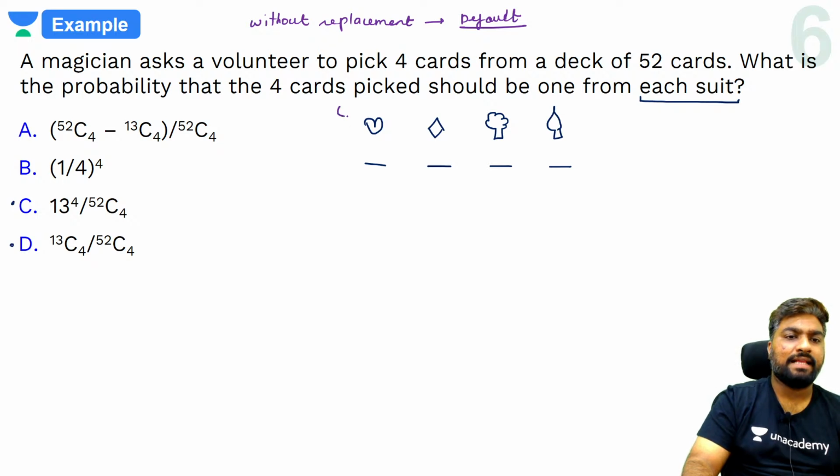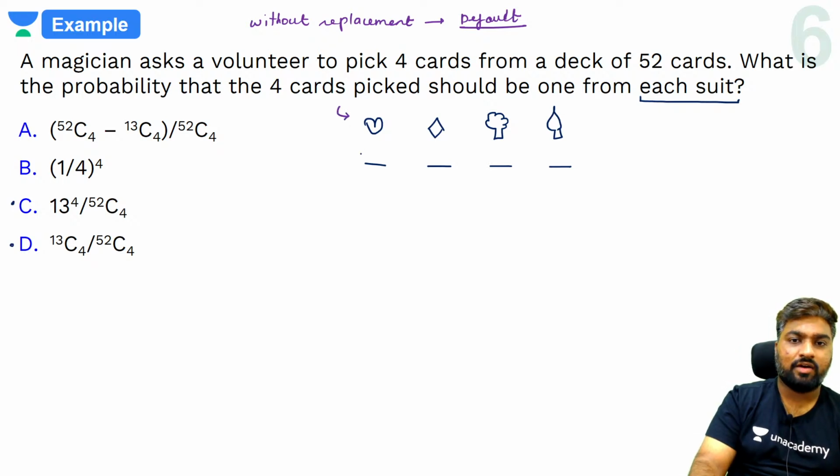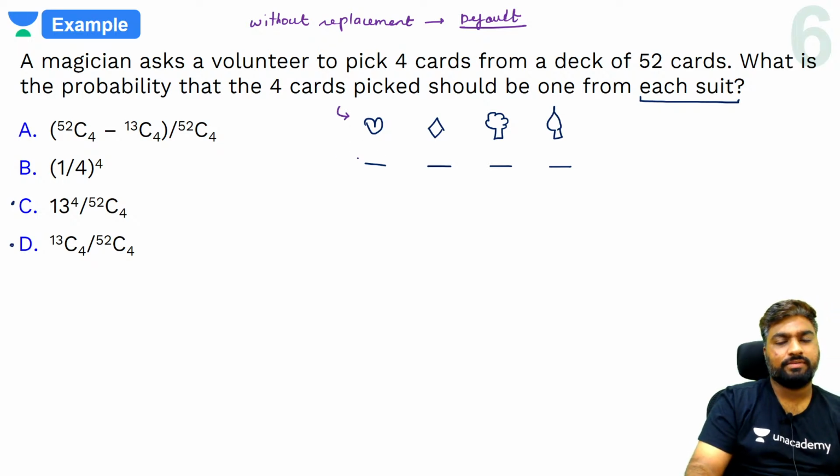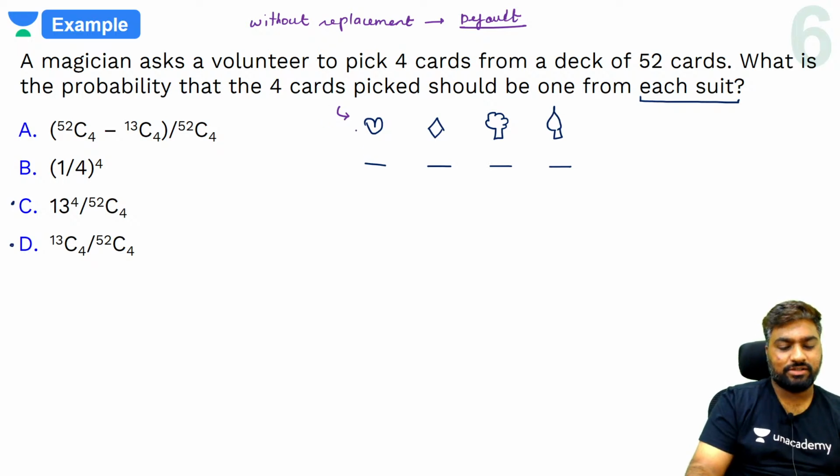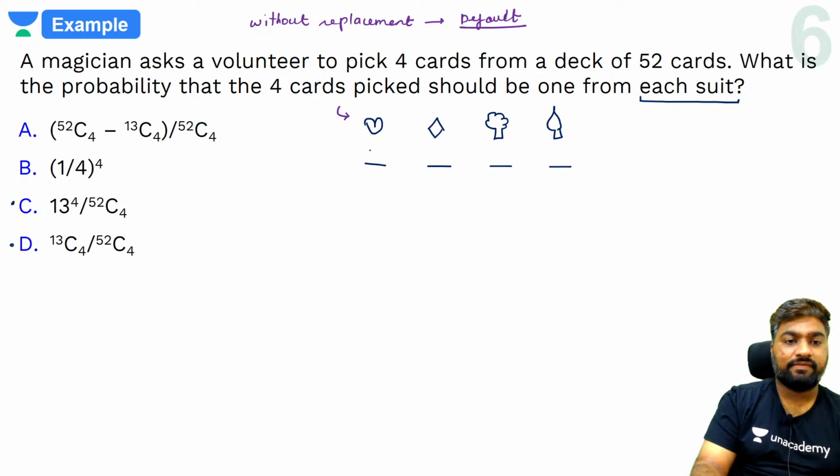So how many hearts do you have in a deck of cards? You're not an octopus to have multiple hearts. I'm asking, in a deck of cards, how many hearts do you have? You have 13 hearts out of 52 cards, correct?